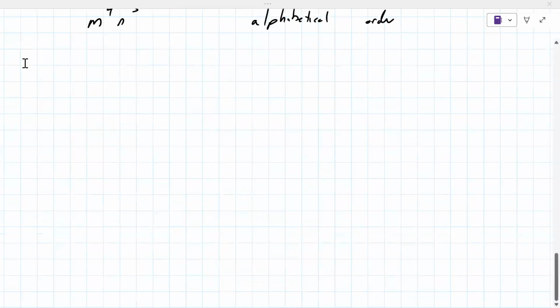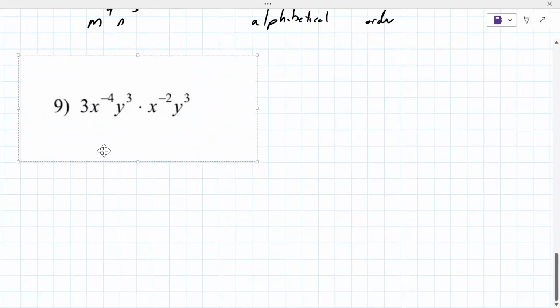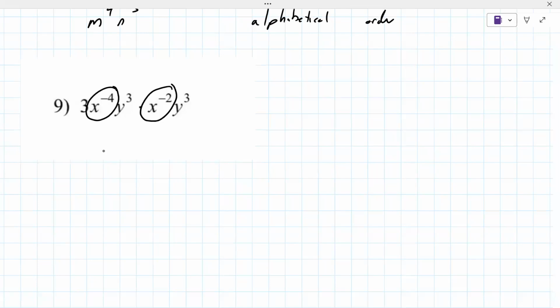Probably just the moment you feel like you're getting it, they add something different. Okay, so you've got an x to the minus 4 and an x to the minus 2. When you add the exponents, what does that become? -6. And then this y cubed and y cubed, when you add the exponents, don't multiply, add them, what does it become? y to the 6th. x to the minus 6 is really 1 over x to the 6th.